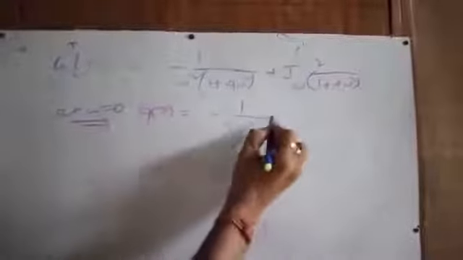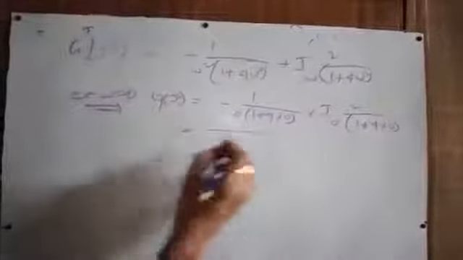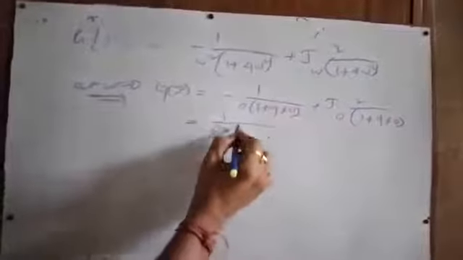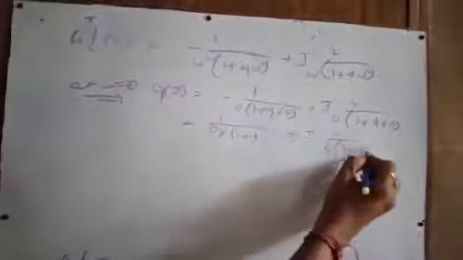Now at omega equal to 0, G(j0) is equal to minus 1 by 0 into (1 plus 4 into 0) plus j into 2 by 0 into (1 plus 4 into 0). That means minus 1 by 0 into (1 plus 0) plus j 2 by 0 into (1 plus 0).